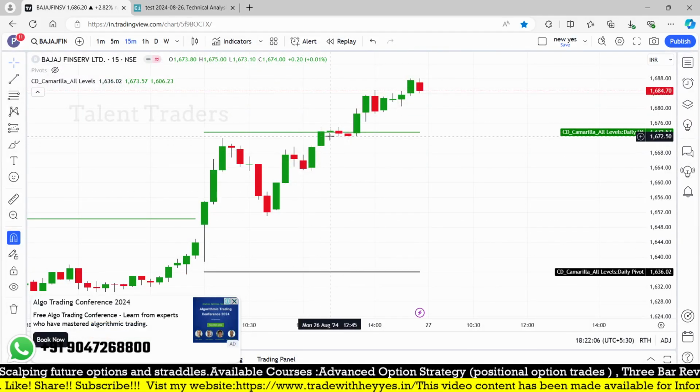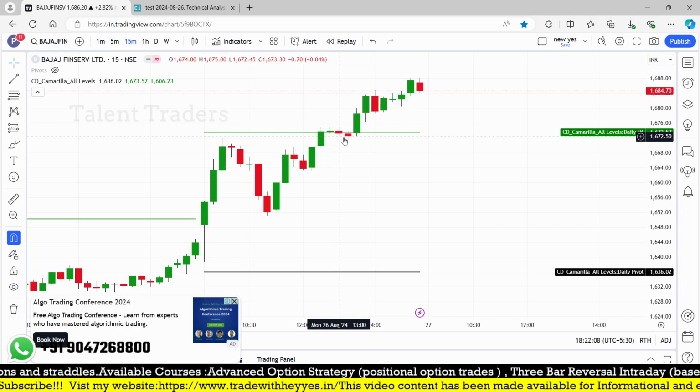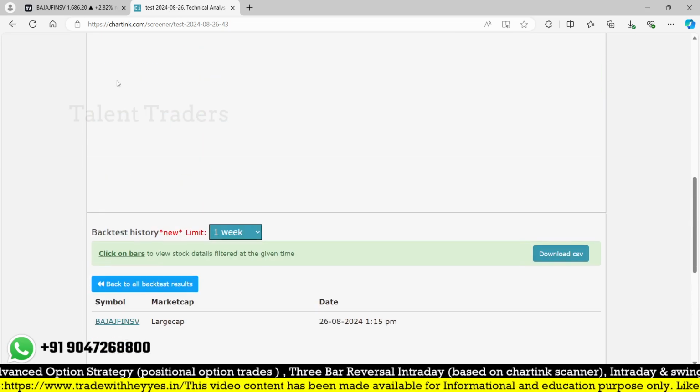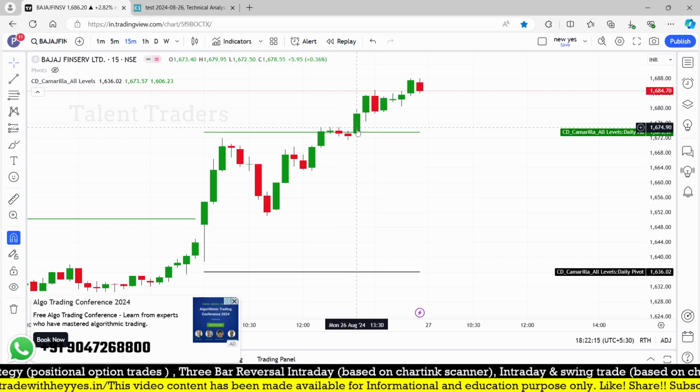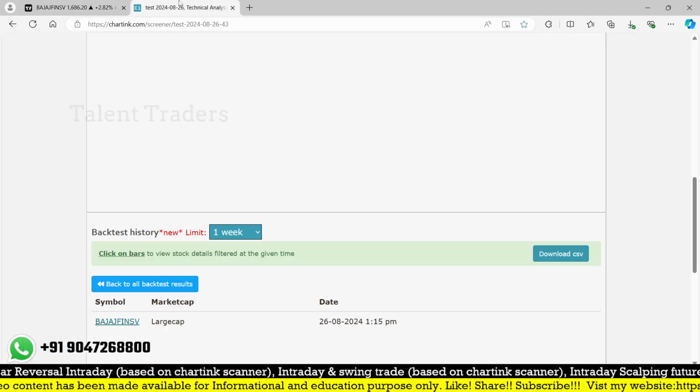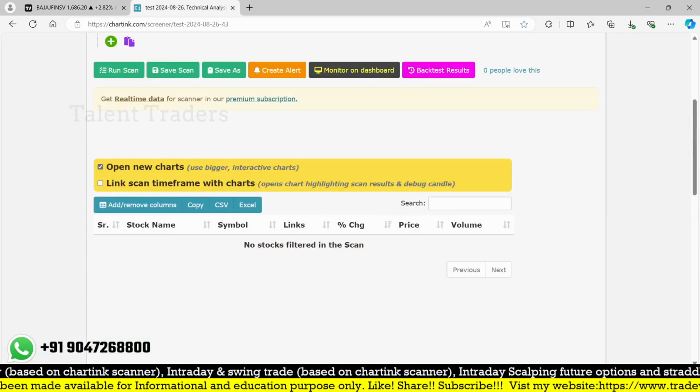Previously the high is greater than the Camarilla R6. Maybe in this particular time frame, at 1:15 it came, but the previous high is higher than this. But in case it has not broken the low, we have some data issue, let me check it.